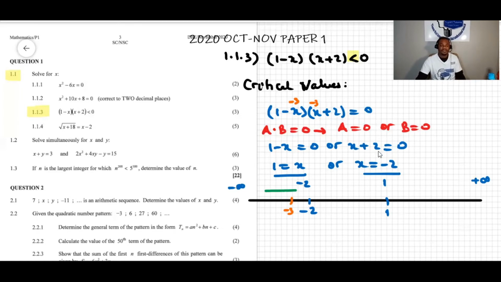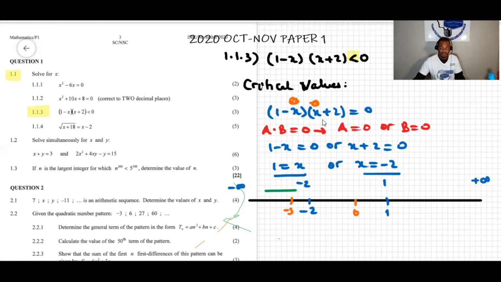Now let's look at the next interval, from -2 to 1. I prefer to take the number 0, for instance. If I substitute 0 for x, then I will have 1 times 2, which is positive.